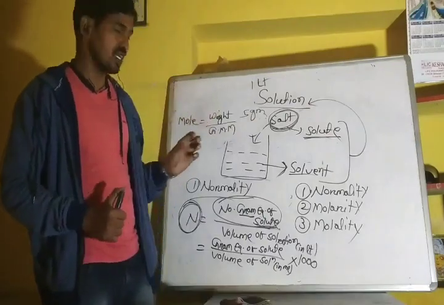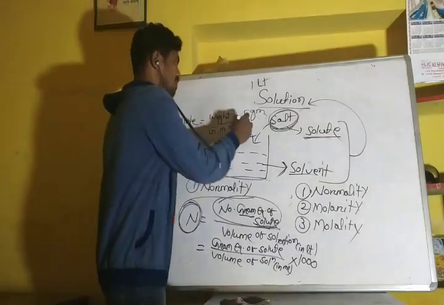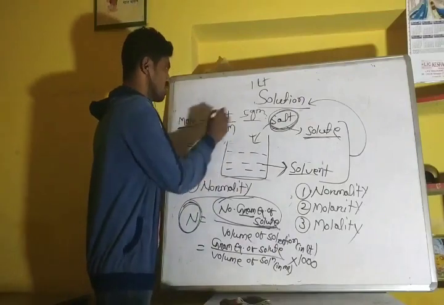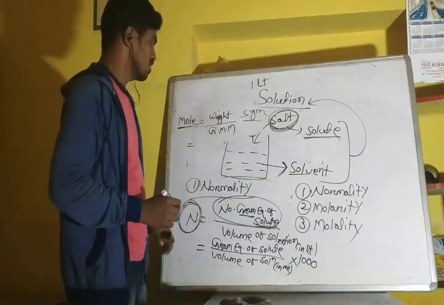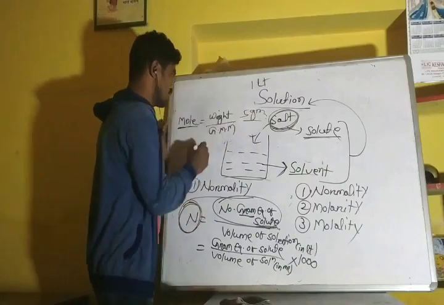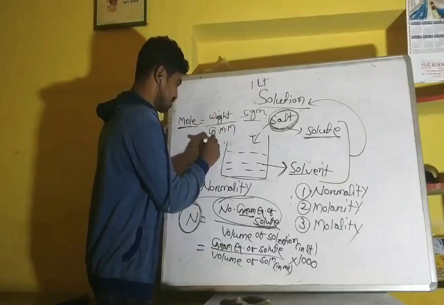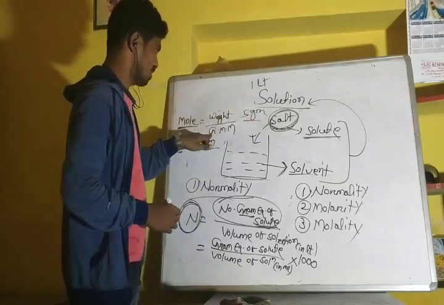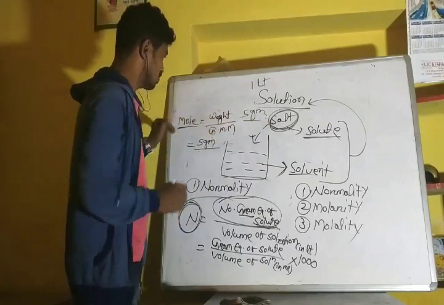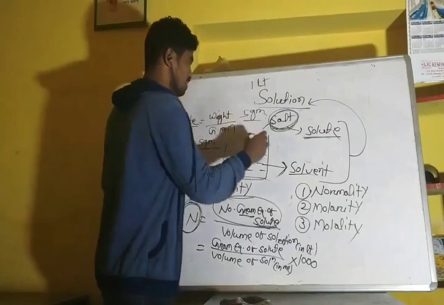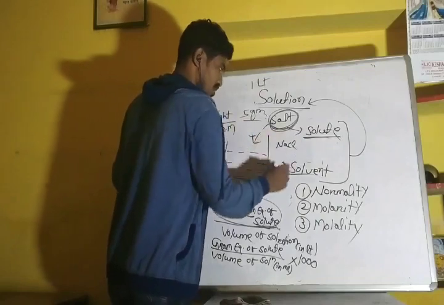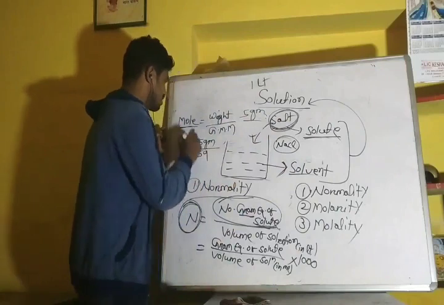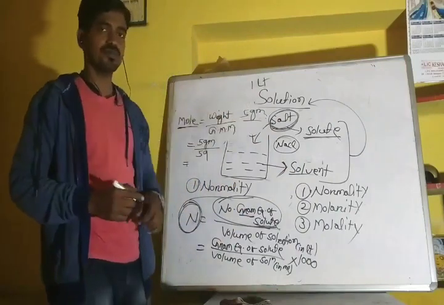If we made the solution of 5 gram salt in 1 liter of solution, what is the mole of the NaCl we added? The weight is given as 5 gram, and then we write the molecular mass of NaCl, which you know how to calculate, NaCl is 59. So that is the mole of the solute.